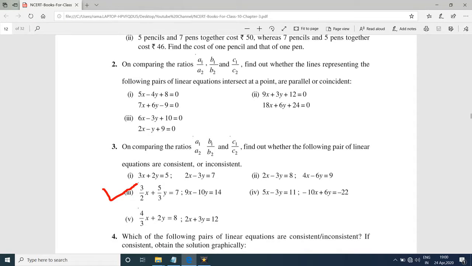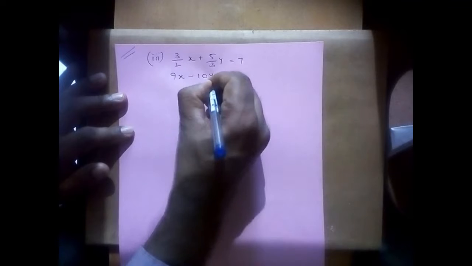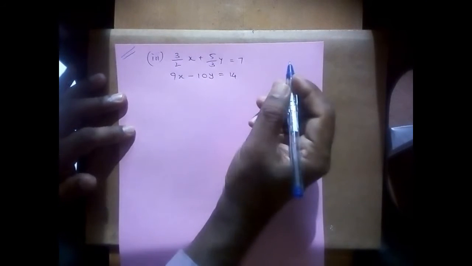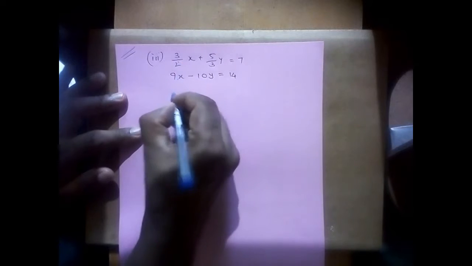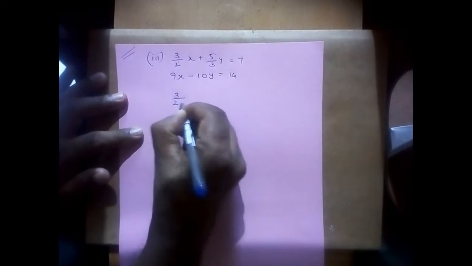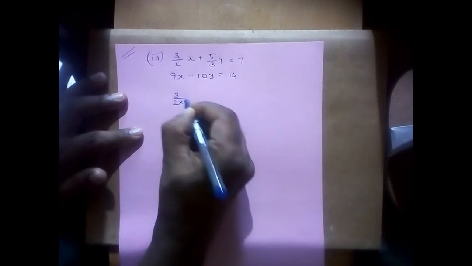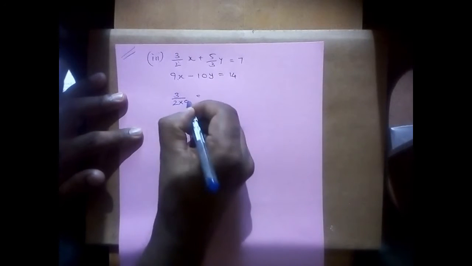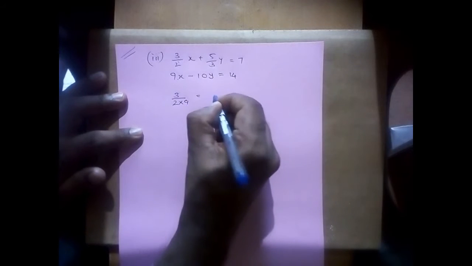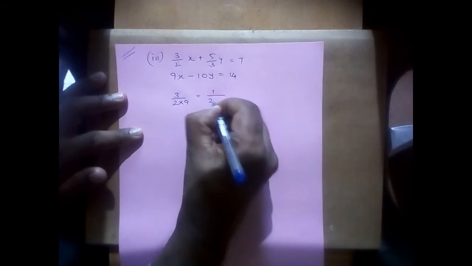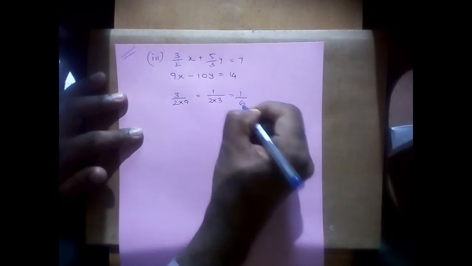Okay friends, now question number 3. 3 by 2x plus 5 by 3y equal to 7, 9x minus 10y equal to 40. So A1 by A2 equal to 3 by 2 divided by 9, so that 9 is coming in the denominator. 3 and 9 cutting, so I am getting 1 by 2 into 3, that is 1 by 6.